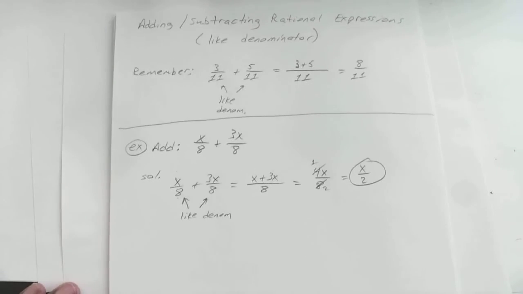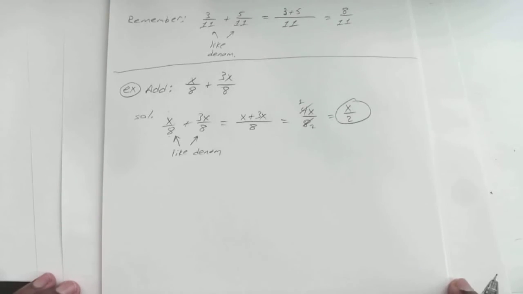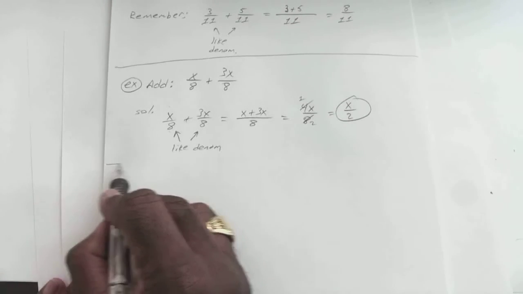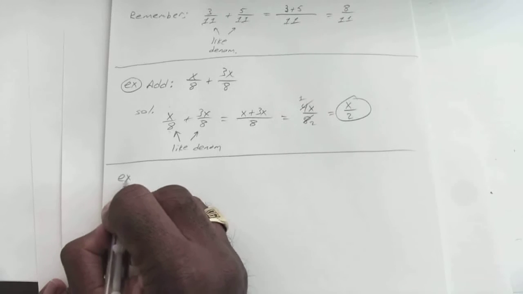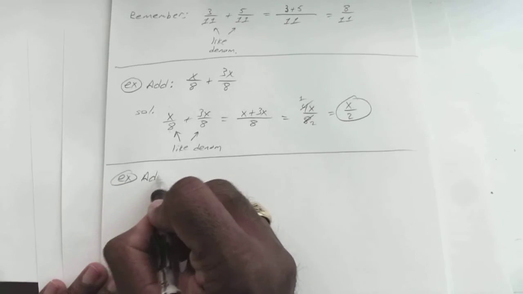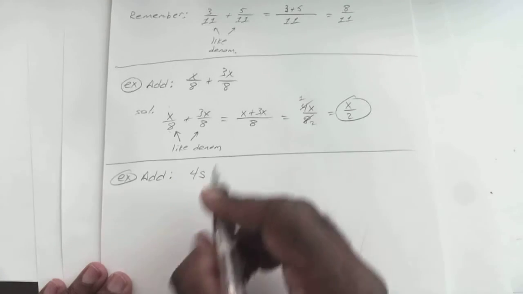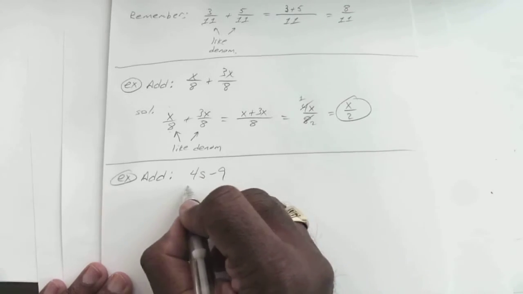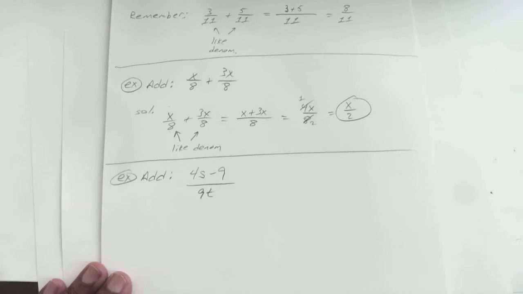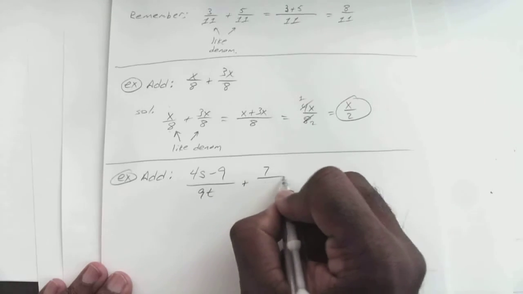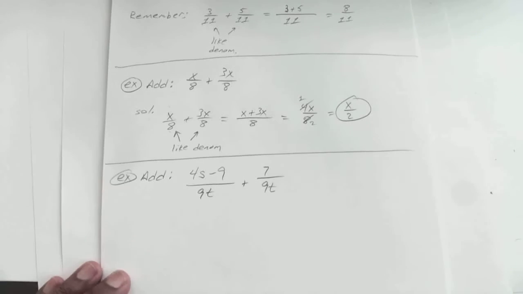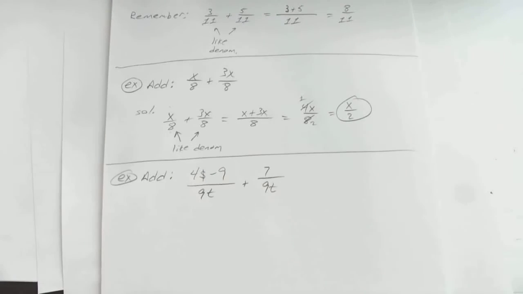All right, let's say we wanted to add 4s minus 9 over 9t plus 7 over 9t. So the s isn't mistaken for a 5, I'll just draw a line through it.